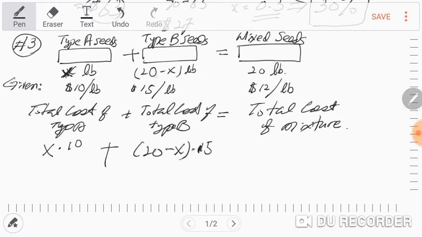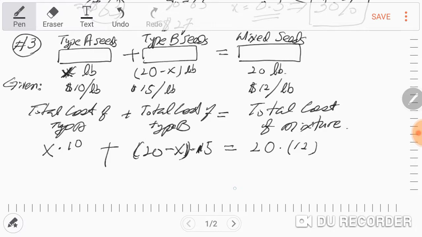So multiply the weight and the price per pound. This will be equal to, there are altogether 20 pounds, so multiply 20 pounds by $12. Each pound is $12. So multiply 12 by 20.